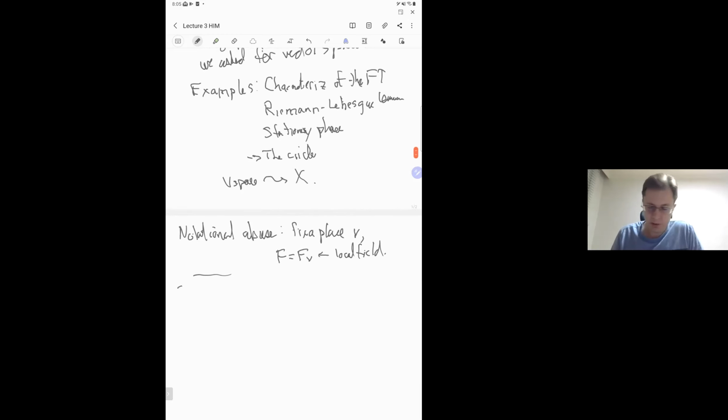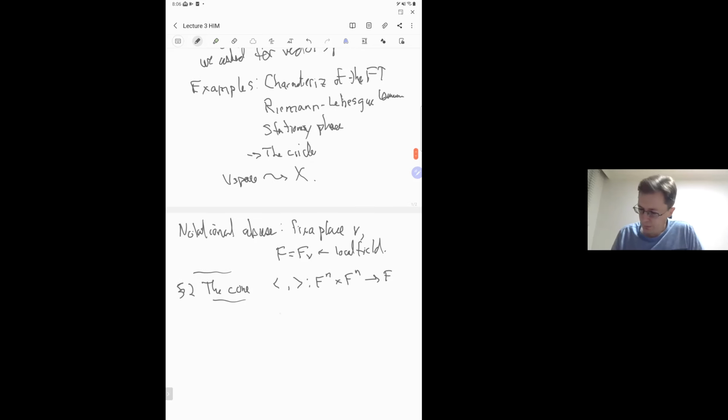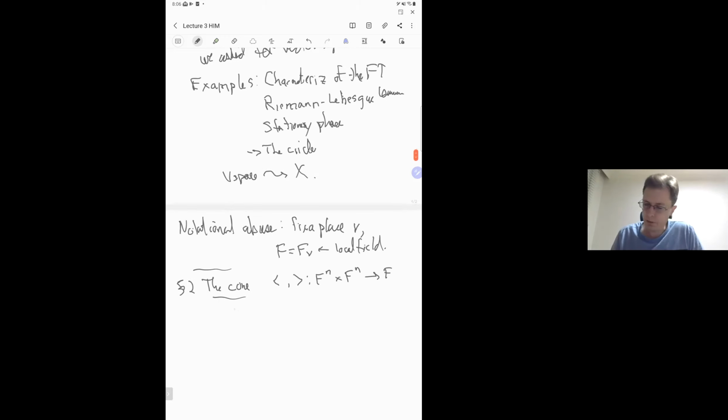Okay, so here's the first example. The cone. I give myself a split quadratic form, or let's say a symmetric bilinear form that has a maximal isotropic subspace, although that's not so important for this.